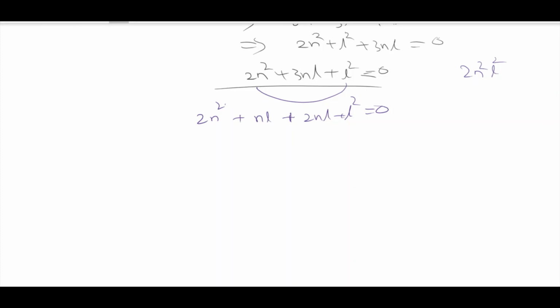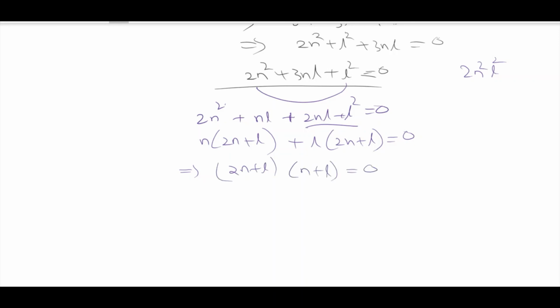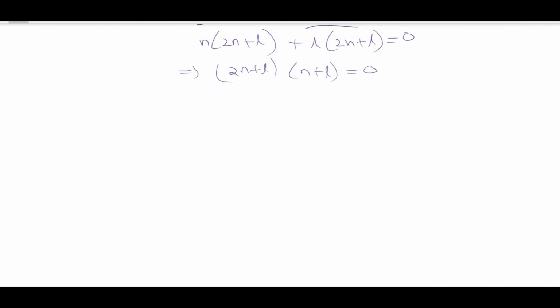So taking out n common, 2n plus l, plus taking out l common here, 2n plus l equals to 0. That implies 2n plus l into n plus l equals to 0. So 2n equals to minus l, n equals to minus l.